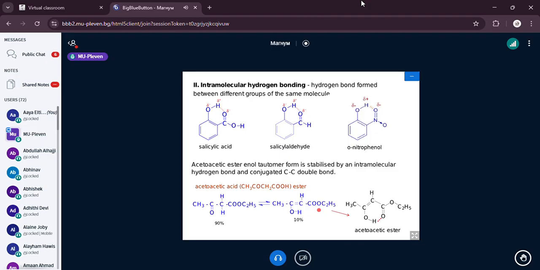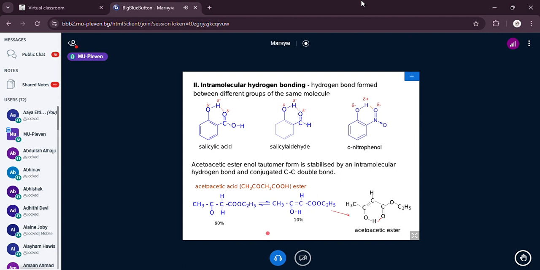I'll show again that enols, enolic structures, are not stable. But due to formation of hydrogen bond, intramolecular hydrogen bond in this enolic structure, it becomes stable.